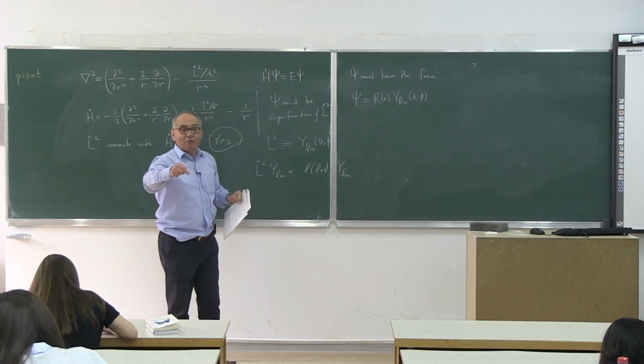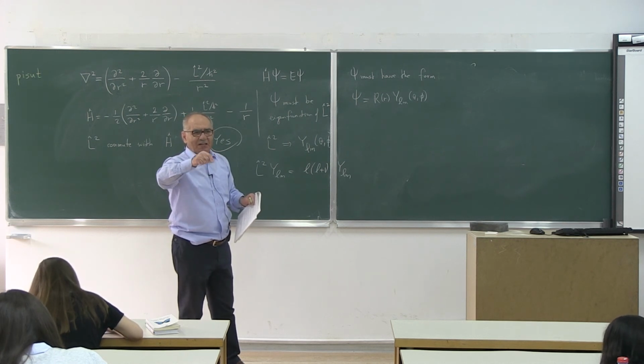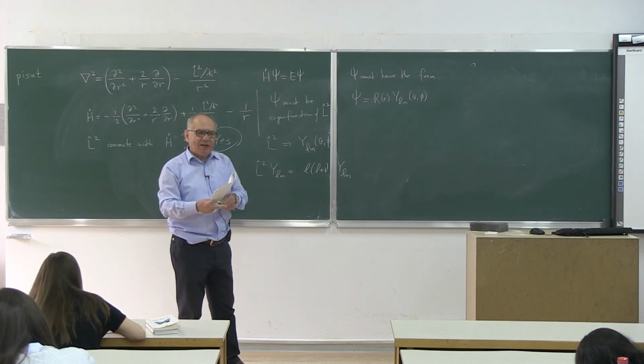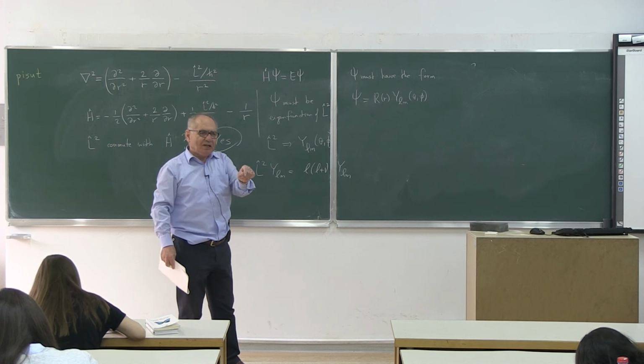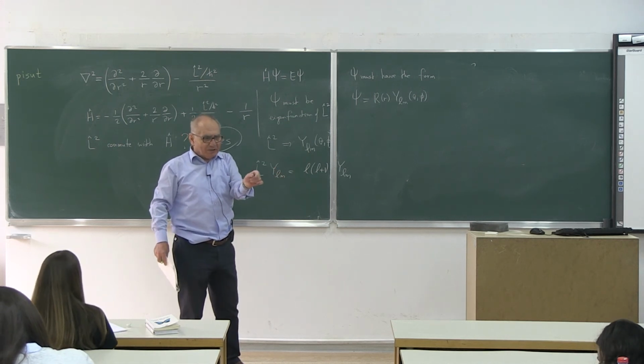The unit of angular momentum is h bar. Therefore, the square of angular momentum will have h bar square as the unit. If you want to write it in SI units, then you will include the unit.